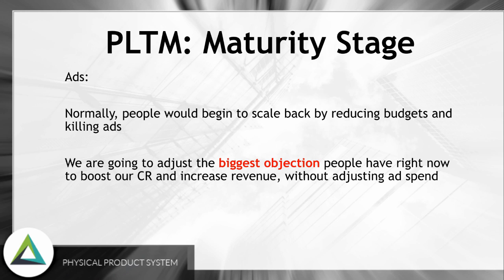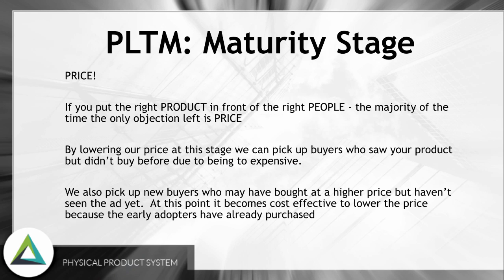But what we're going to do now, and we'll talk about it more in the ads section, is keeping our ads constant and adjusting the price. Price is the biggest objection that people have if you put the right product in front of the right people. The last thing there is your price.